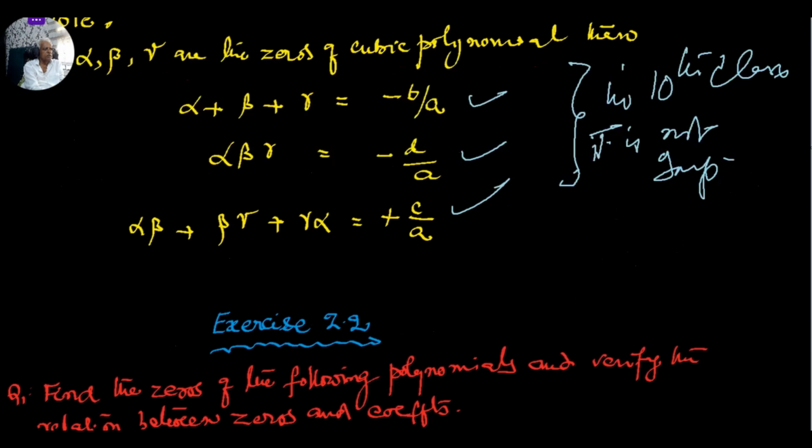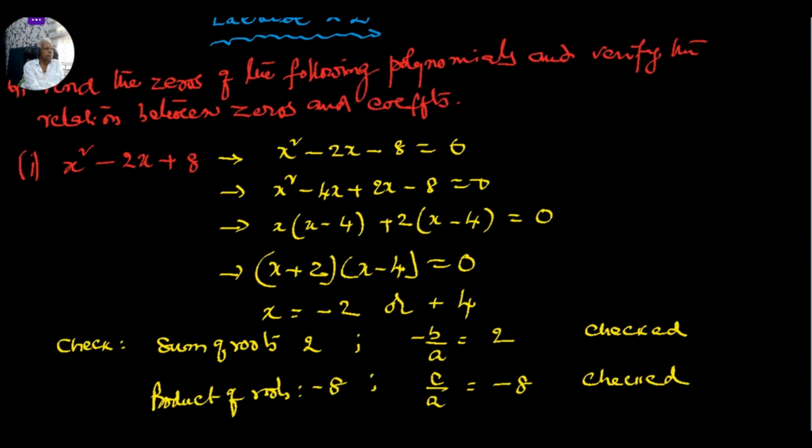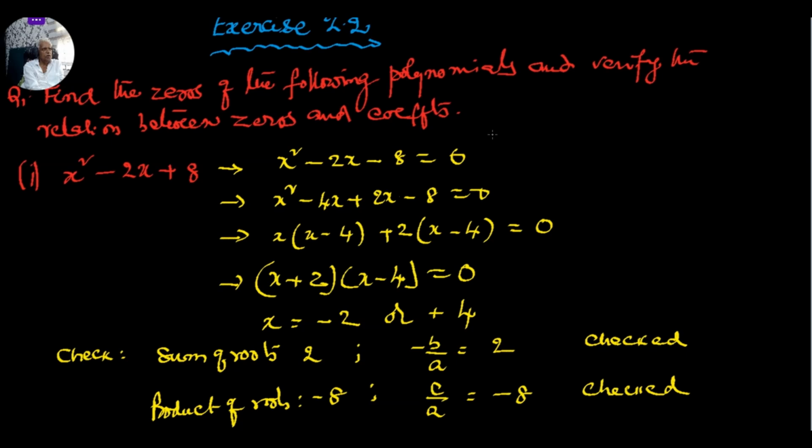Now you can go to exercise 7.2. Find the zeros of the following polynomials and verify the relation between zeros and coefficients. First, he has given one polynomial. Equate it to 0 like this, and then split it into factors. You find the zeros. The sum of the zeros must be minus b by a. The product of zeros must be c by a. You check like that.